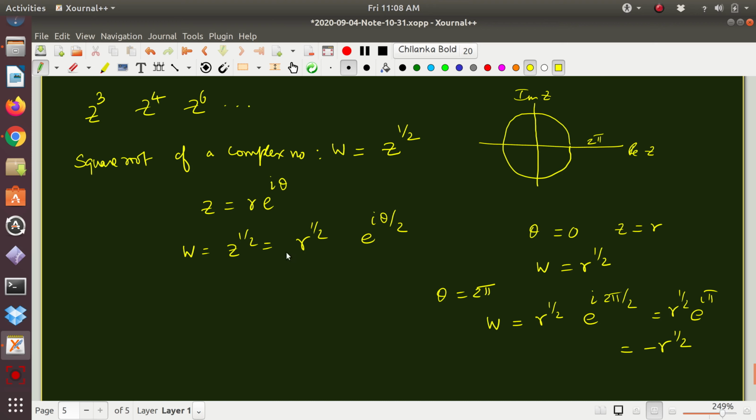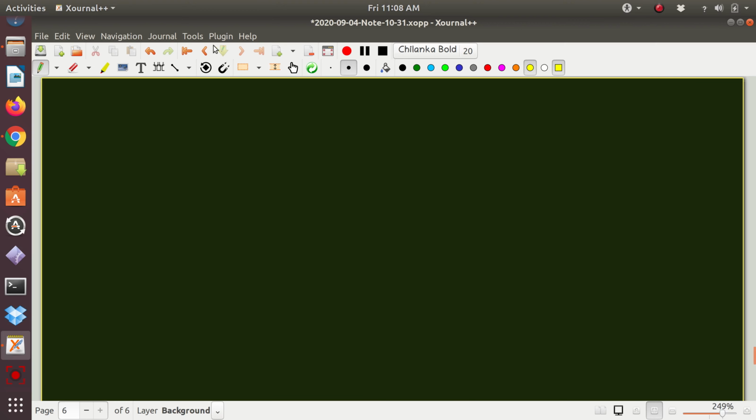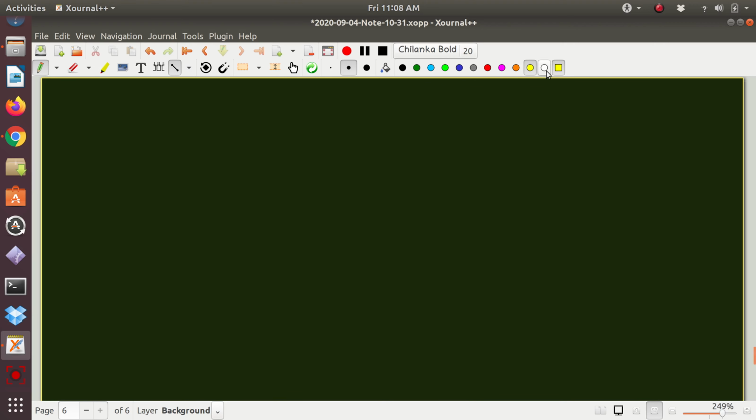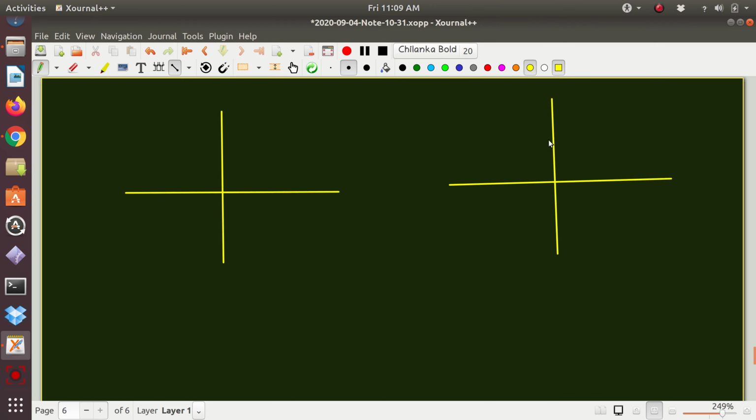Let me take a new sheet and draw the two planes side by side. This is the z plane, this is the w plane.